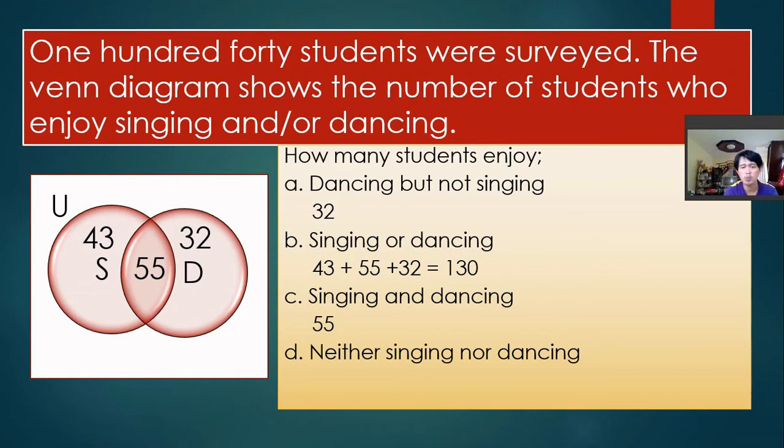So what number to be added to 130 to get 140? It's 10. So these lacking 10 students don't like or do not get involved in the two talents. Therefore, 10 students. Okay, that's it.